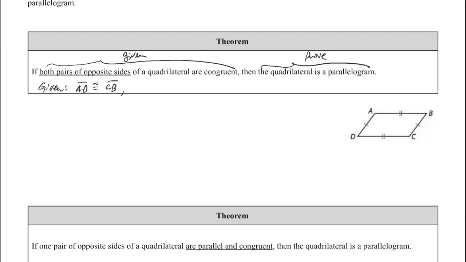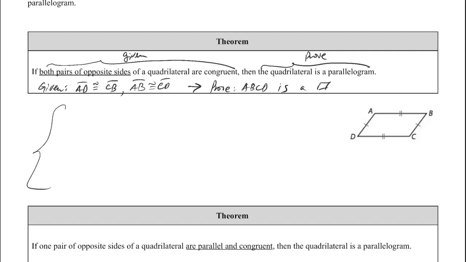So I'm anticipating that, but technically it is not wrong to call this segment BC. But the way I'm writing it is a much better habit for us to adopt. Given that information, we're supposed to prove that ABCD is a parallelogram, right?